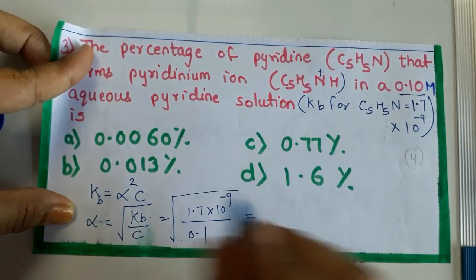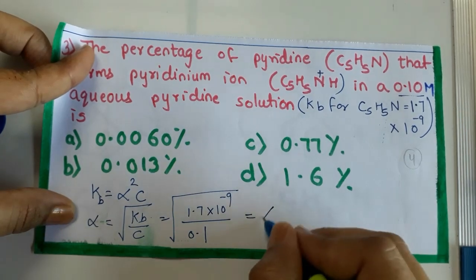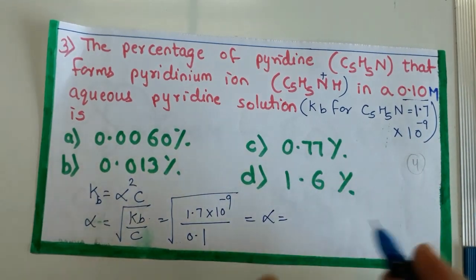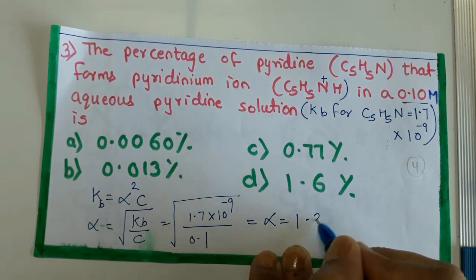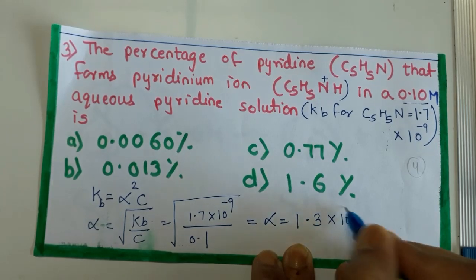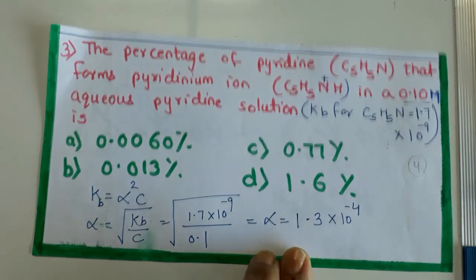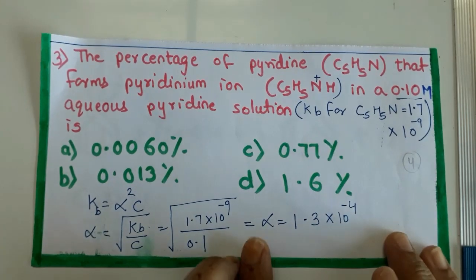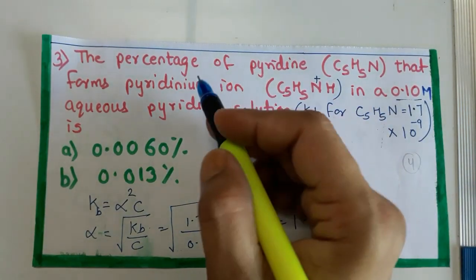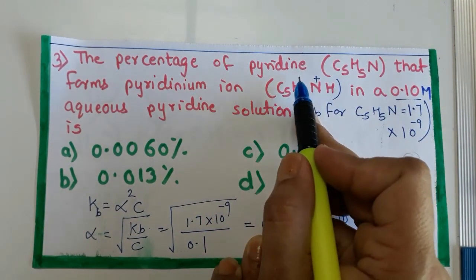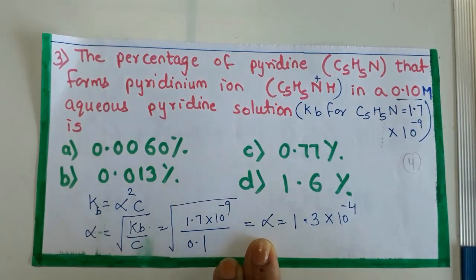So when you solve this square root, the value of alpha you will get is 1.3 into 10 raised to minus 4. What is alpha? It is the degree of dissociation, but they are asking the percentage of pyridine which got converted to pyridinium ion.